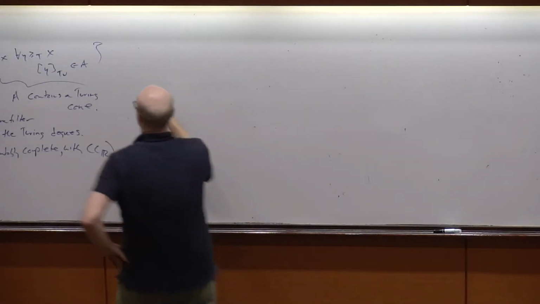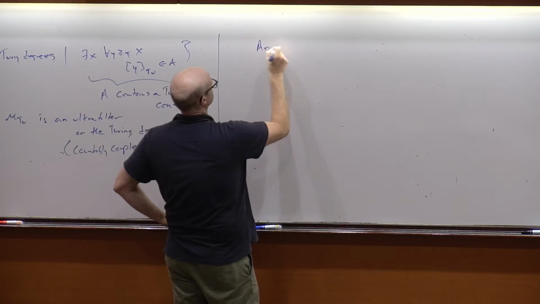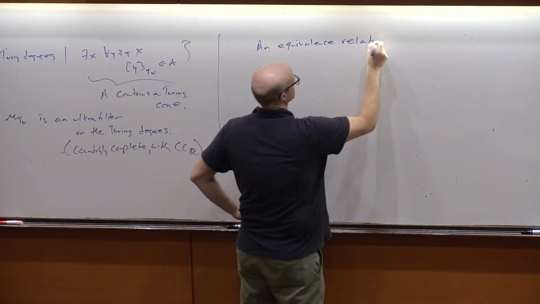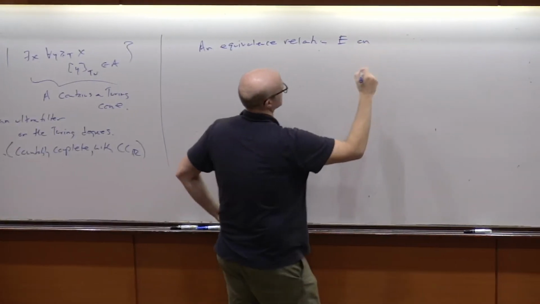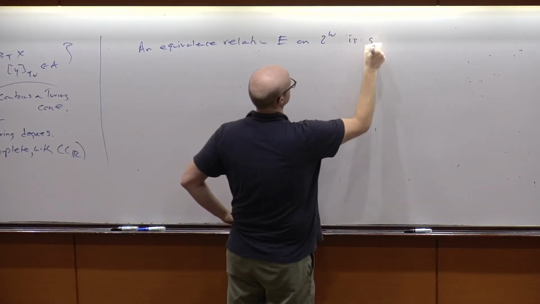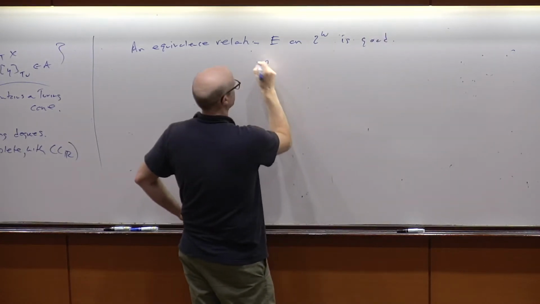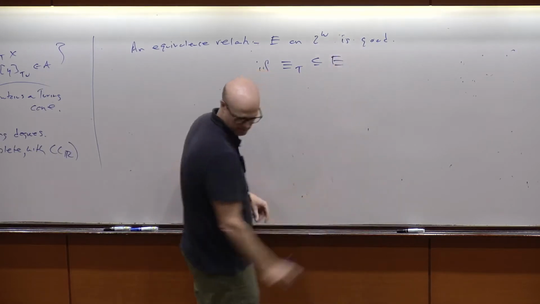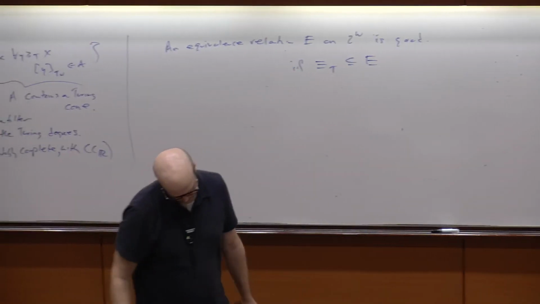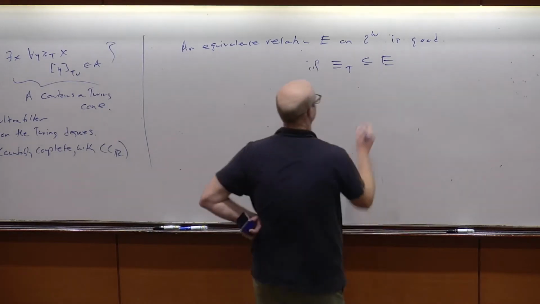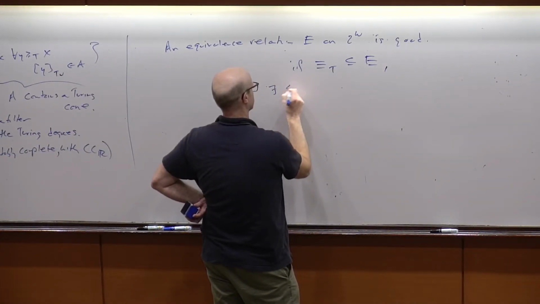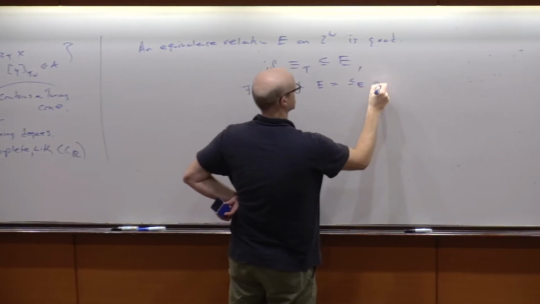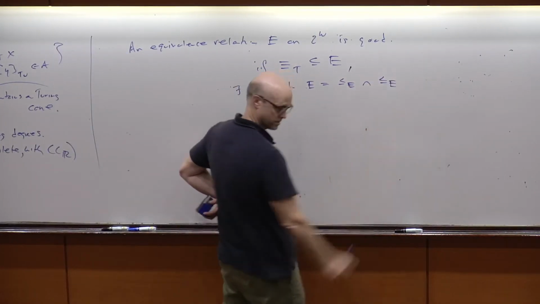So let's just say that an equivalence relation E on 2 omega is good if, well, Turing equivalence is contained in E. What else? There exists a relation less than or equal to sub E such that E is just bi-reducibility according to this relation.